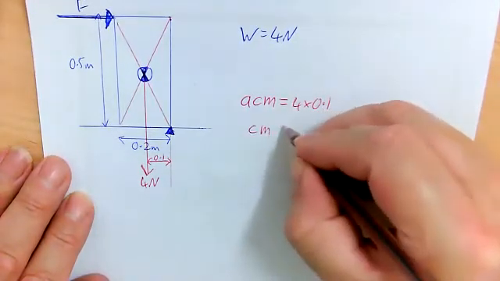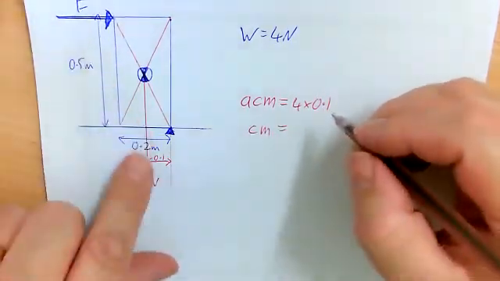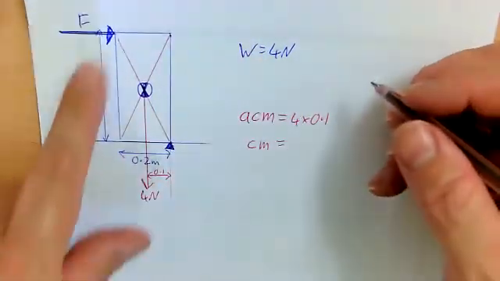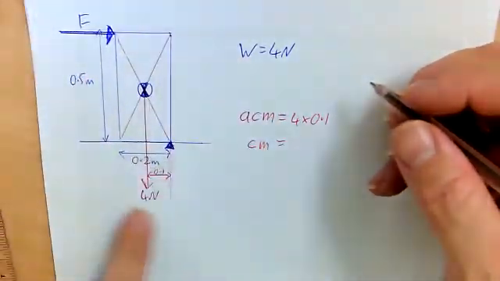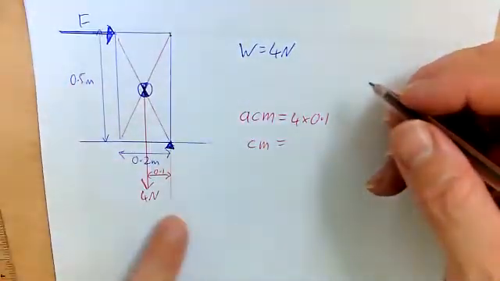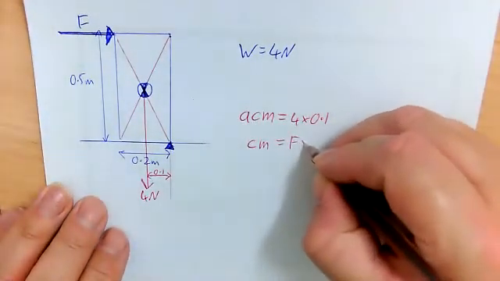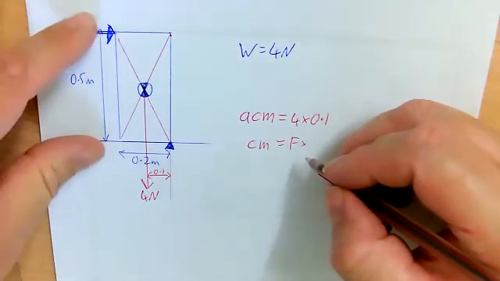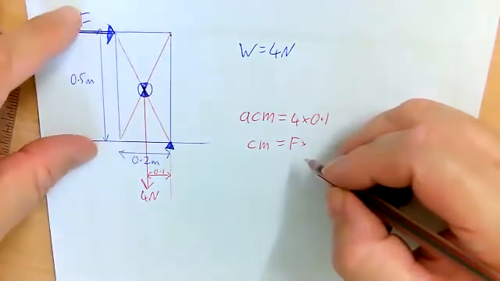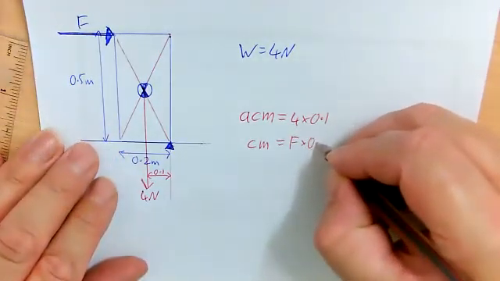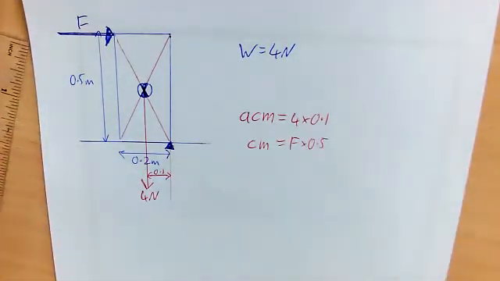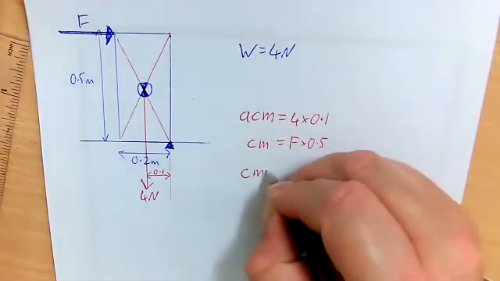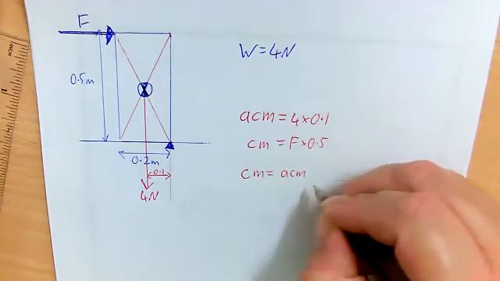The clockwise moment would be, if there was nothing else here, if there was just the pivot and this force, it would try and turn the whole thing clockwise. So it's the force multiplied by the perpendicular distance between the line of action of the force and the pivot. In other words, this distance here, 0.5 meters. So we know that for equilibrium, the clockwise moment equals the anti-clockwise moment.